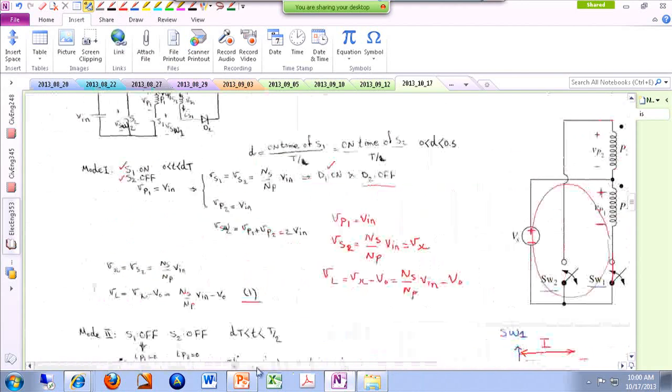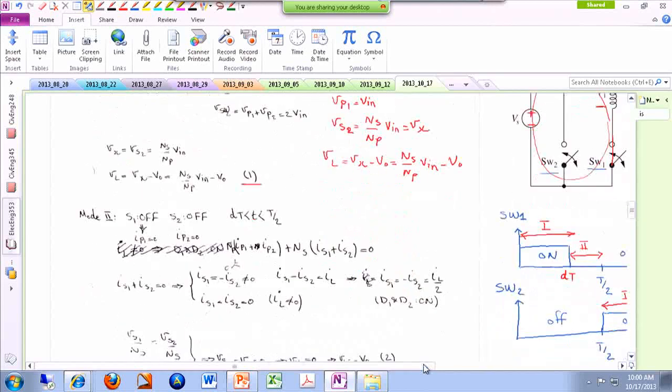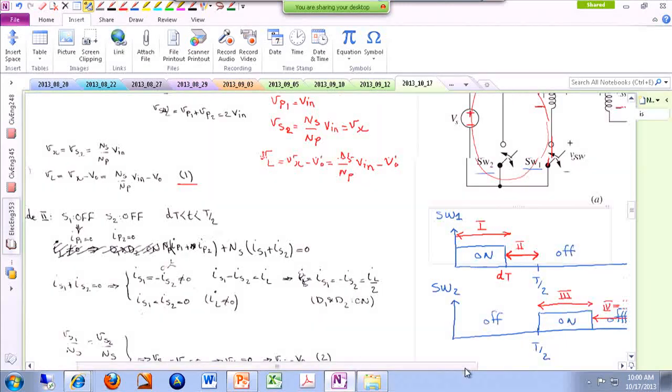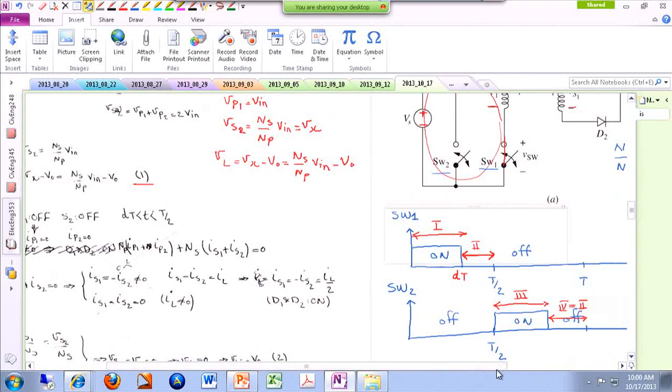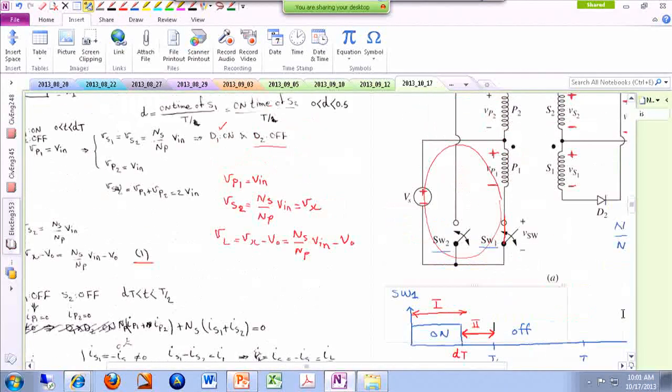All right. Now, mode number 2. In mode number 2, which is basically this time span, as you can see, both of the switches are open. So you can look at this equation. Okay, let me now erase this a little bit.